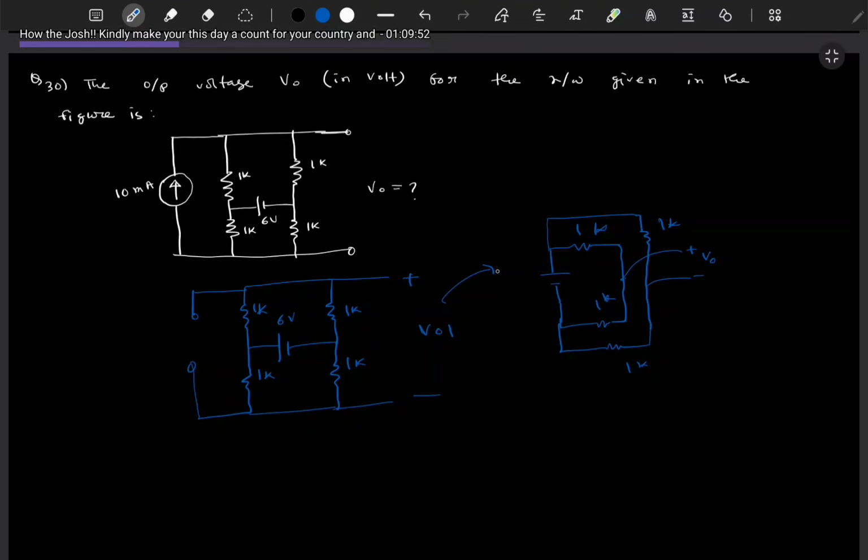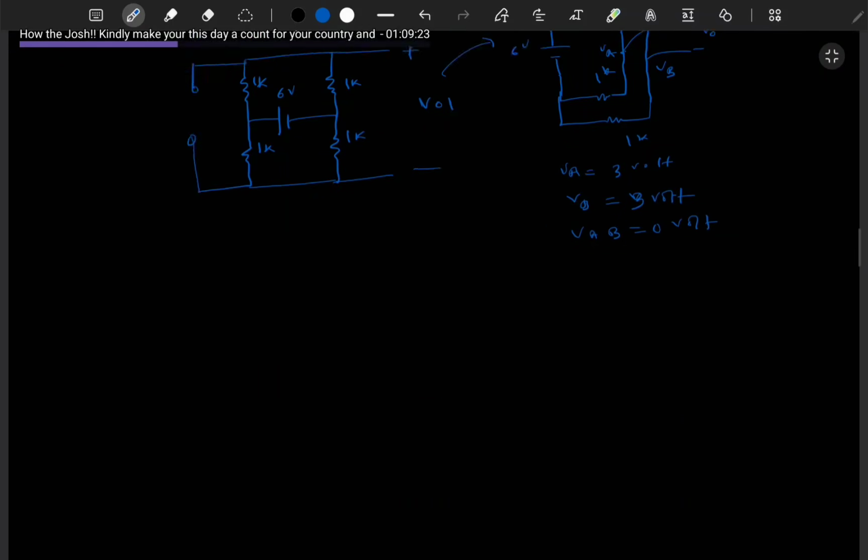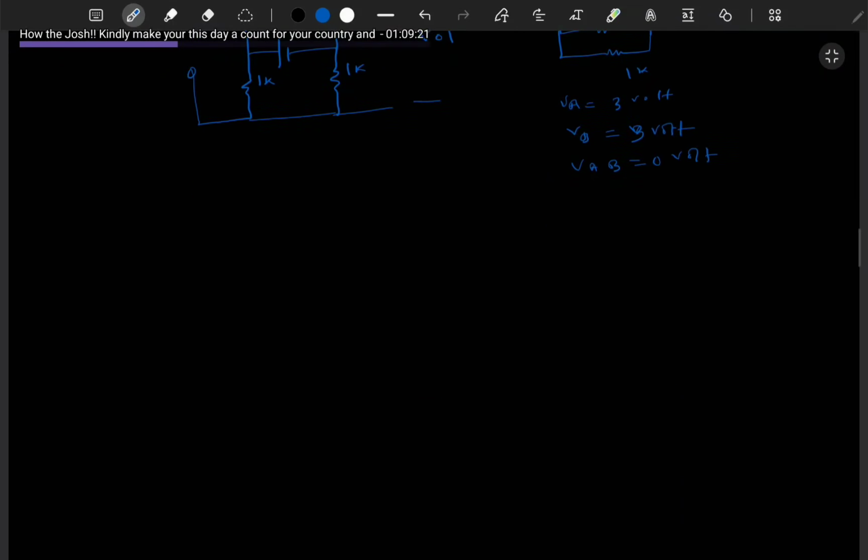So here first I can calculate VA and VB equal to 3 volt, VB equal to 3 volt. So VAB equal to 0 volt. Okay, VAB equal to 0 volt again.